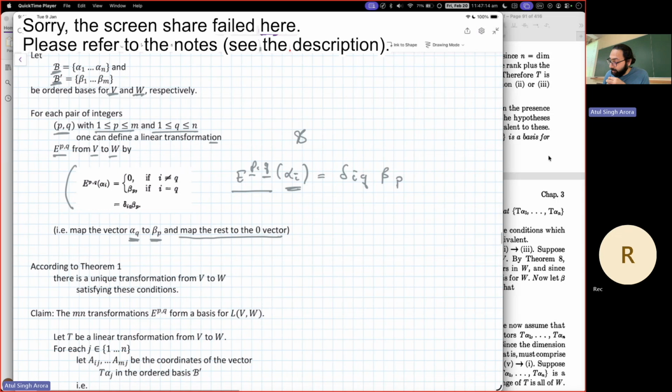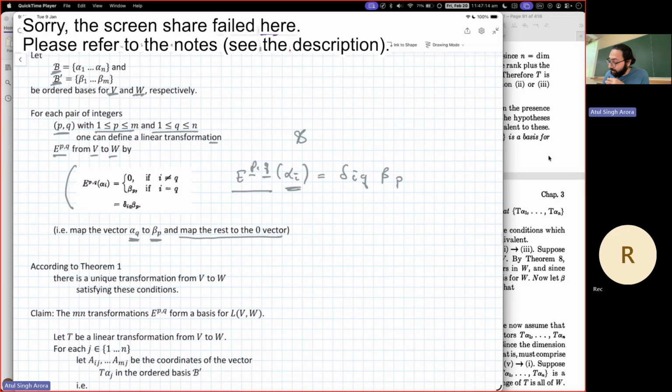Okay, so let's see how to do this. Let U be the linear transformation in the right hand side above. Then for each j, the following holds. One can write U acting on alpha_j as follows. This is just by definition.